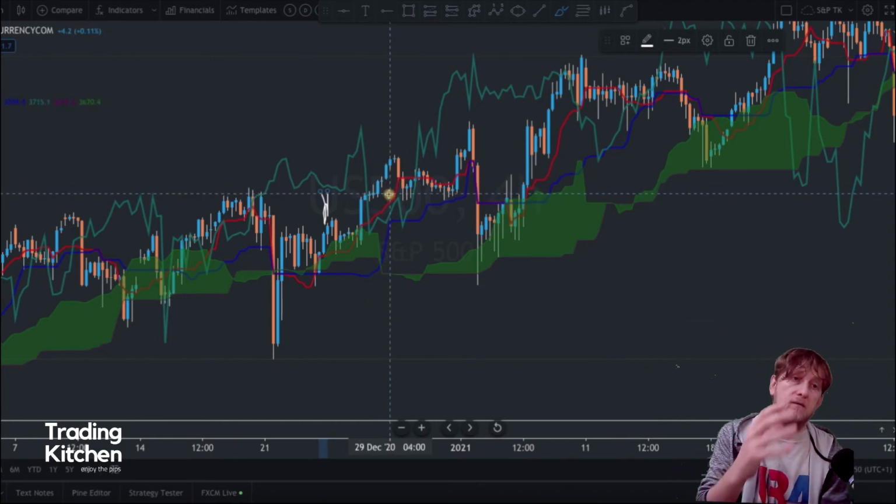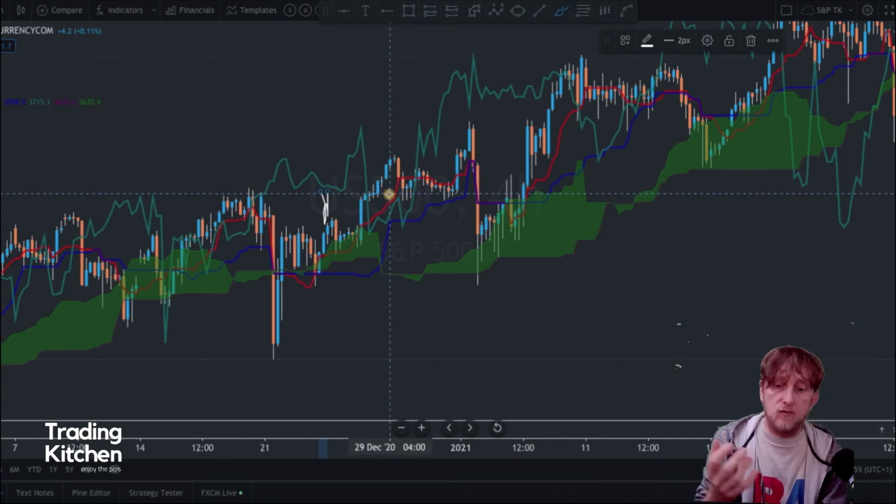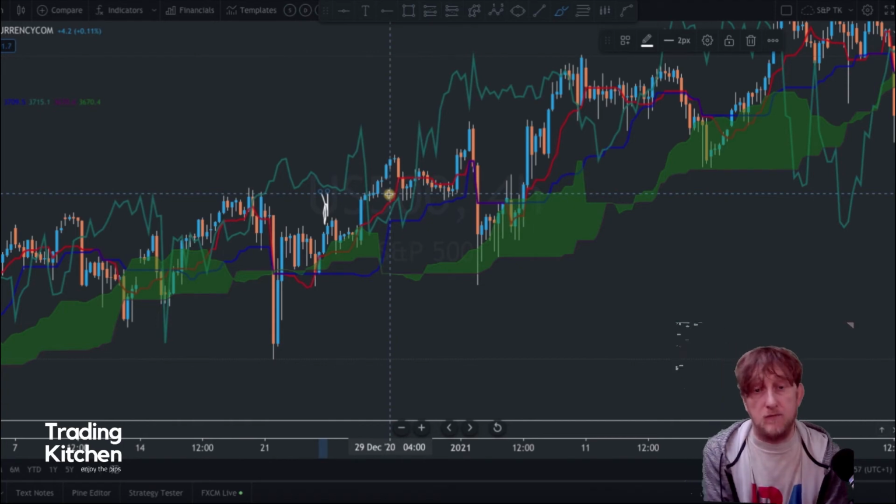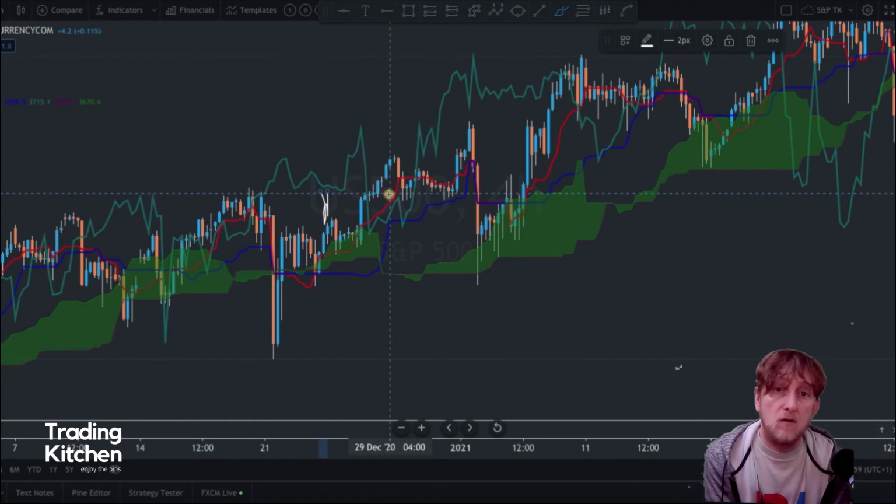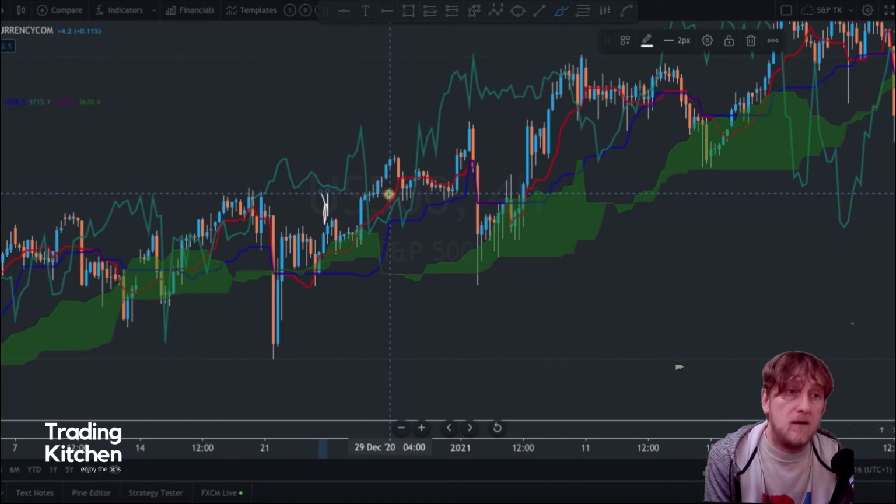Obviously, like all indicators, you should not use it alone. You have to use it combined with other kinds of triggers or indicators: price action, candlestick patterns, support and resistance, supply and demand zones, everything you want, Fibonacci, but not alone.